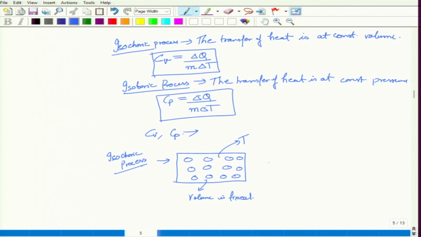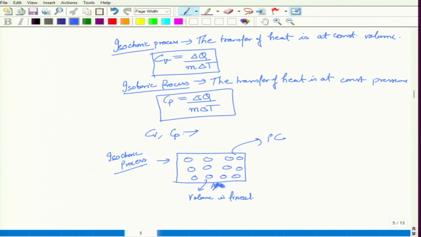Some energy is supplied to this body uniformly in order to increase the temperature of the gas molecules inside this box by 1 degree centigrade. The temperature is increasing, but the volume of this box is constant. So that is for the case of isochoric process.